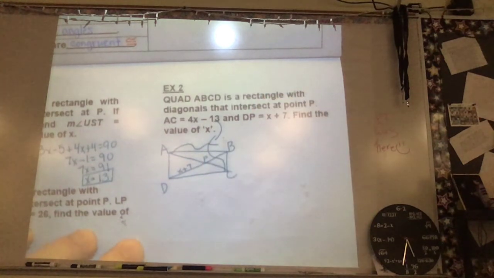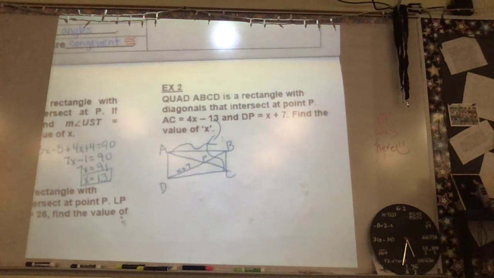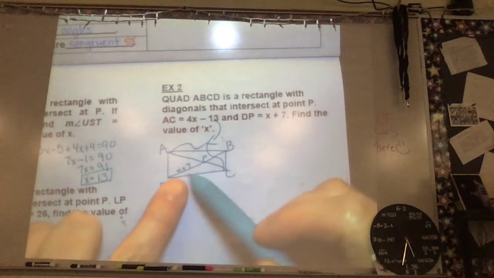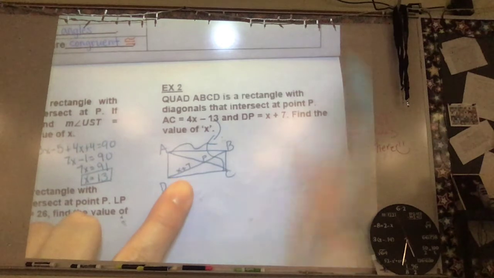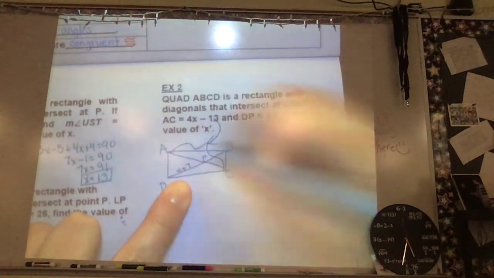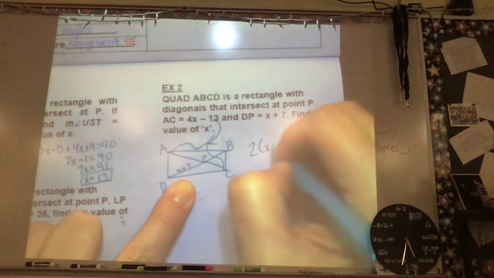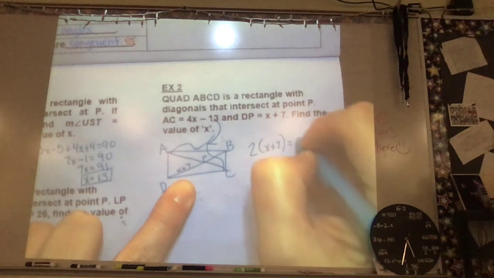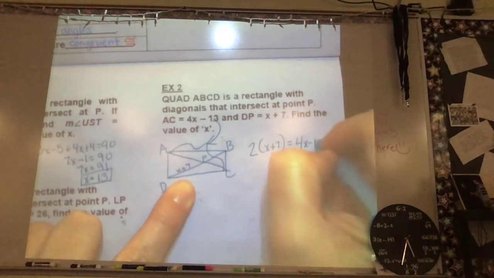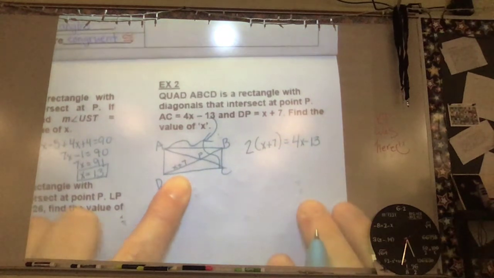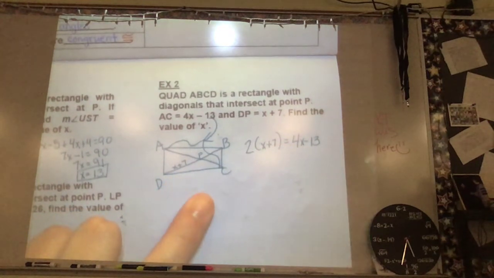Okay, so based on how the diagonals behave in a rectangle, we know that x plus 7 is half of 4x minus 3. So that we don't have to play with fractions, let's say that 2 times x plus 7 equals 4x minus 3. Then I can just distribute and solve for x.